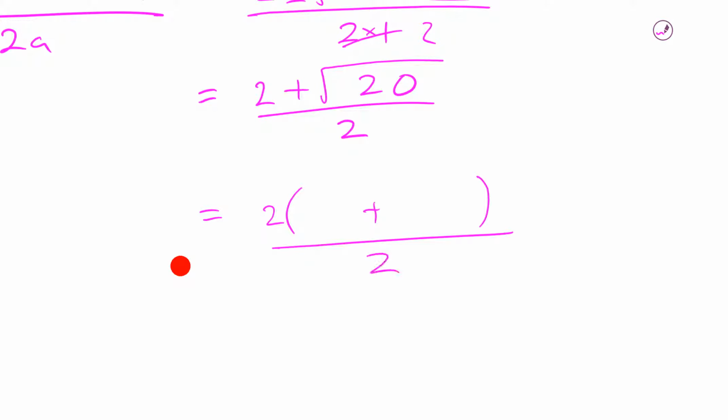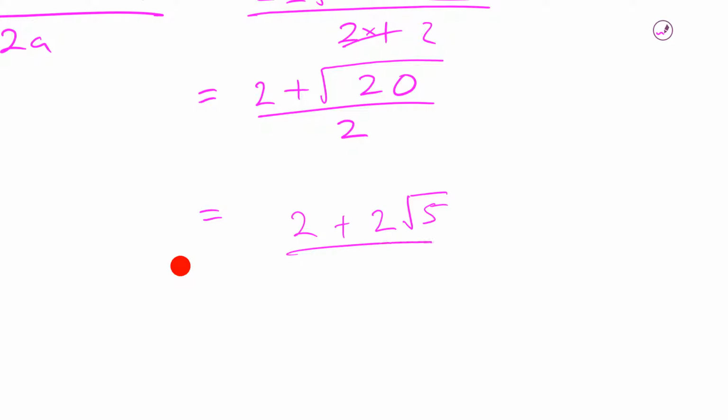No. Okay, right, so here we go. Let's start with the square root of 20. What does that become when you're simplifying it? 2 root 5, yes, very good. So you've got 2 plus 2 root 5 divided by 2.